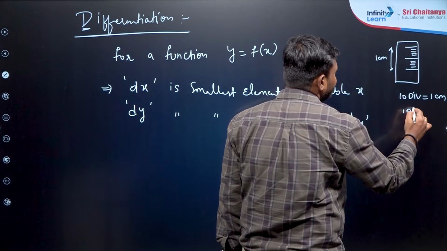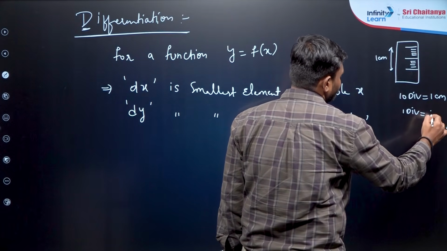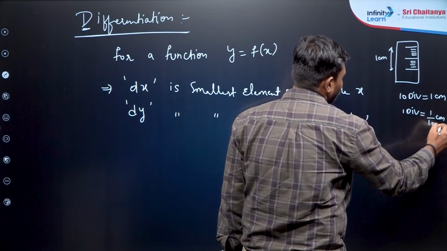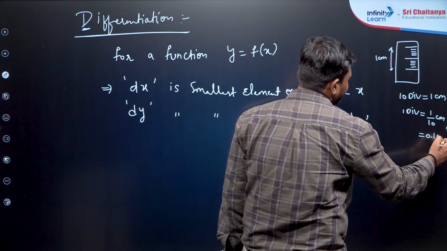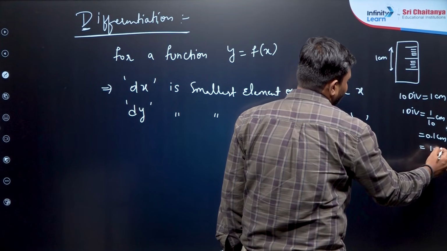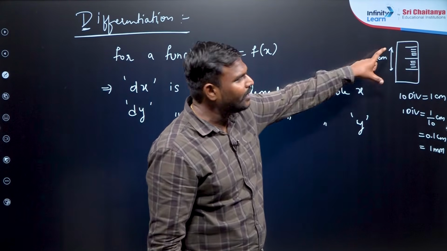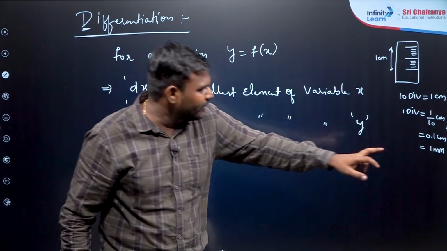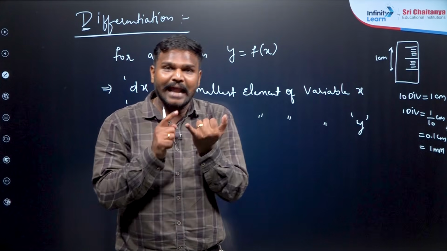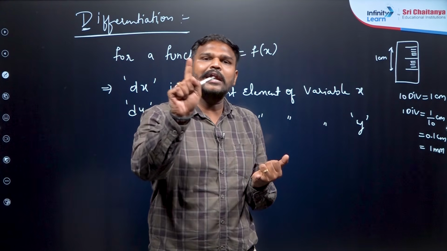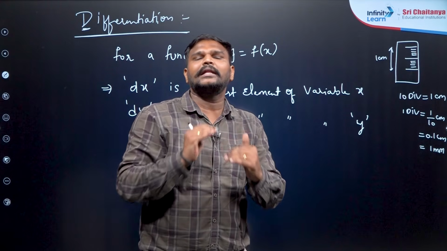What is 1 division equal to? Yes, 0.1 centimeter or 1 millimeter. So the smallest, the least count of a regular centimeter scale is 1 millimeter. That means you can accurately measure 1 millimeter, the smallest possible length.